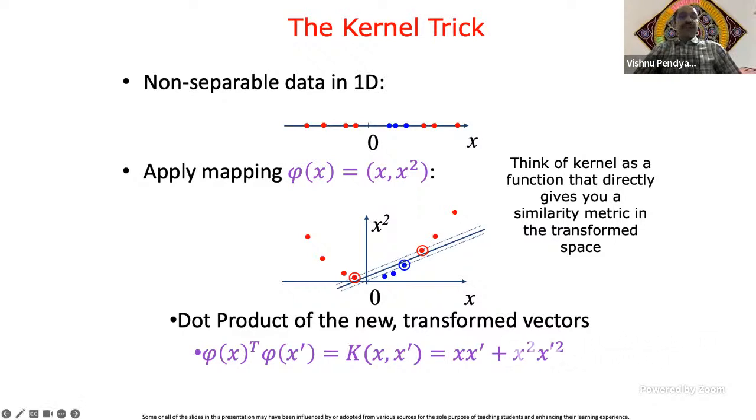So the dot product or the inner product of the transformed vectors can be expressed as a kernel function. And in this case, we applied a two-dimensional or the squared transformation. So we get this. So that's the kernel trick in essence.